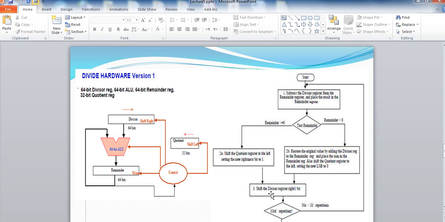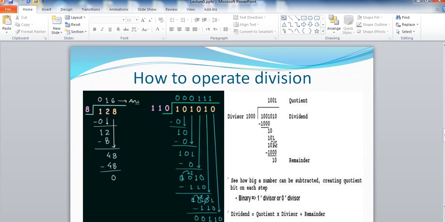Then after that, you are going to shift. By the way, at the end you put 0 in the least significant bit, same as when we saw here. So if it's less, we are going to put another number in the remainder. We shift the remainder to the right, put the number in the remainder, and put 0 in the quotient.